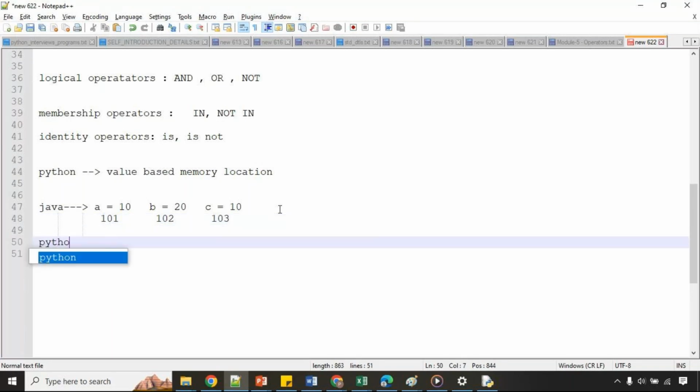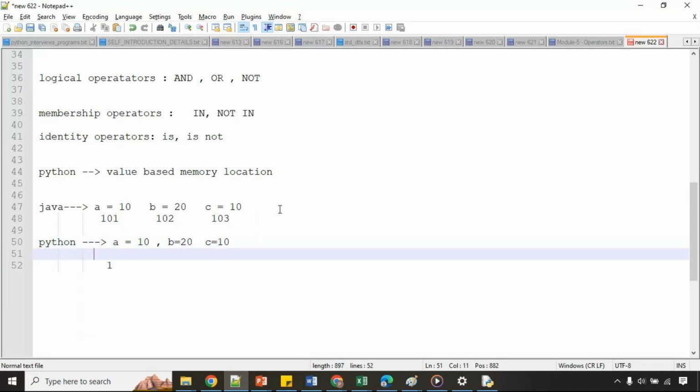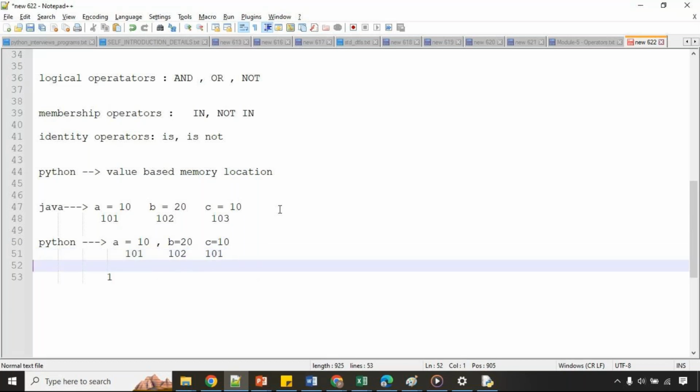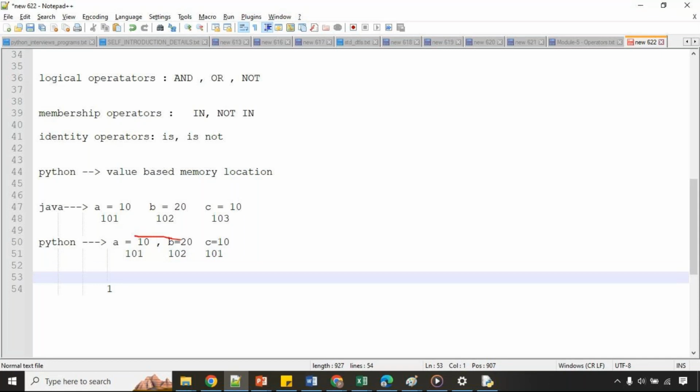Now the same thing in Python: both will have the same memory location based on the value. The same address is allocated.